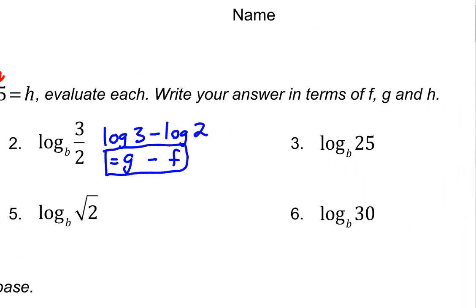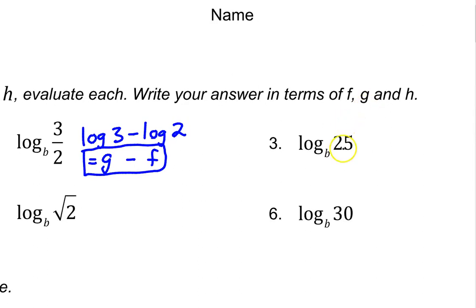On number 3, we have 25. So 2 and 3 multiplying, dividing won't help you get to 25, but you can rewrite 25 using an exponent. That's 5 to the second power. And then the property here is when you raise a power to a power, it's like multiplying them. So this is going to equal 2 times the log of 5.